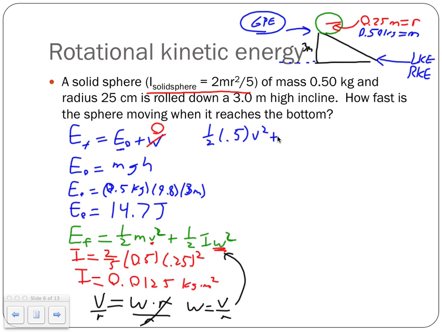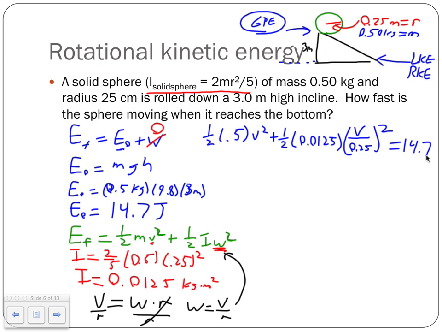Plus the rotational kinetic energy, 1/2 I. Well, we already figured out I was 0.0125, times omega squared, but we're going to do that substitution because we found omega is v over r. So v, which we don't know, over the radius, which we do, is 0.25 quantity squared. And so this should be equal to the original energy, which we found was 14.7 joules, plus the work, which is 0, so it's just that.